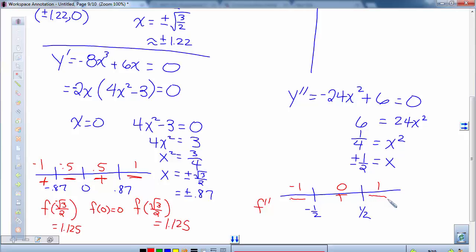And then I would plot f of -1/2 and f of 1/2. Go back to the original function and figure out what those values are. Okay, what'd you get? Then we're going to put it all together in just a second.